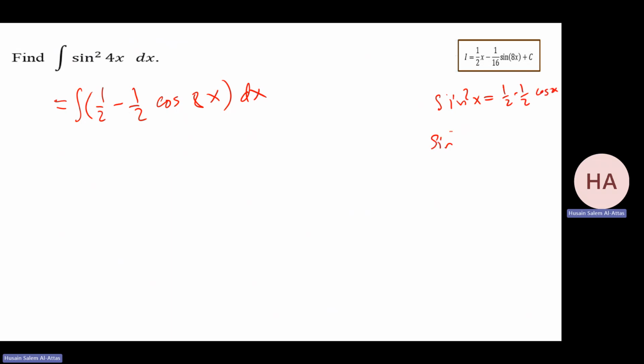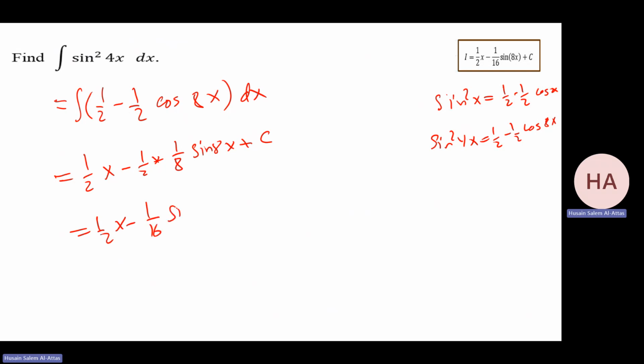So sine square 4x will be half minus half cosine 2 times 4, which is 8x. Now we do the integration: half x minus half 1 over 8 sine 8x plus c. So that will be half x minus 1 over 16 sine 8x plus c.